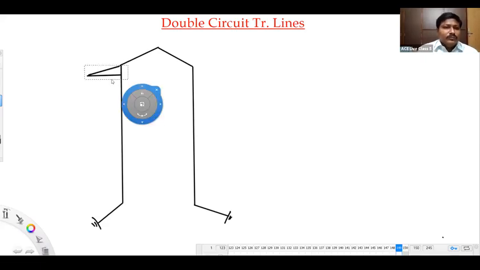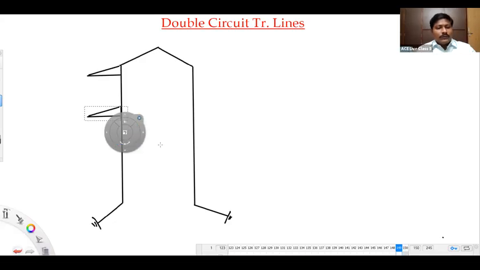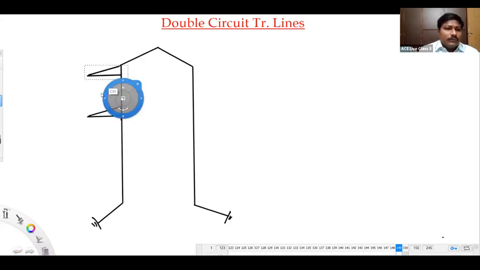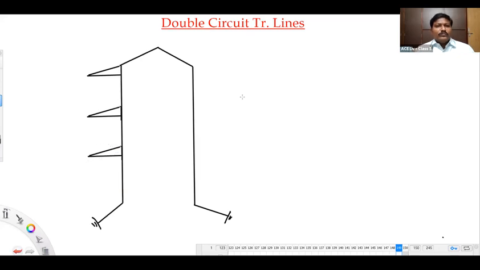These are the cross arms. This side also I'm showing cross arms, corresponding to phase A, phase B, and phase C.